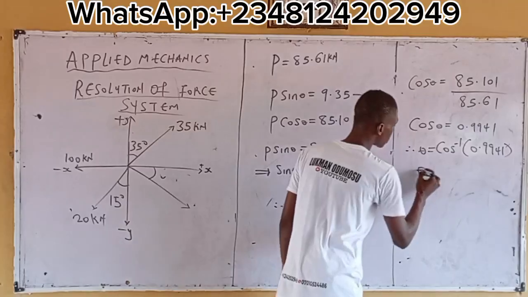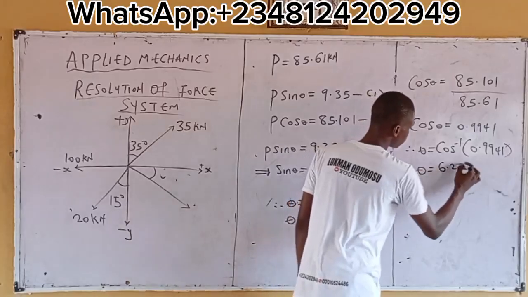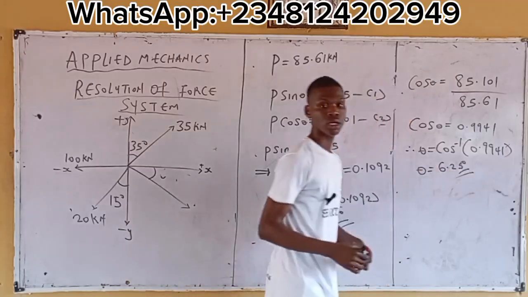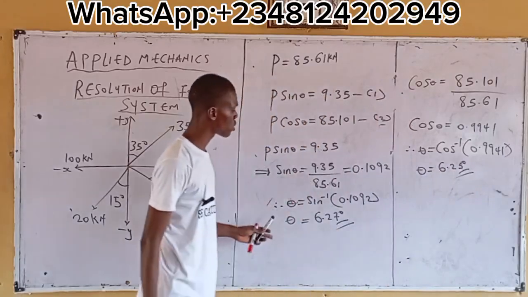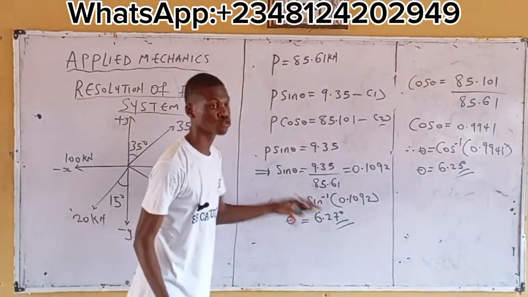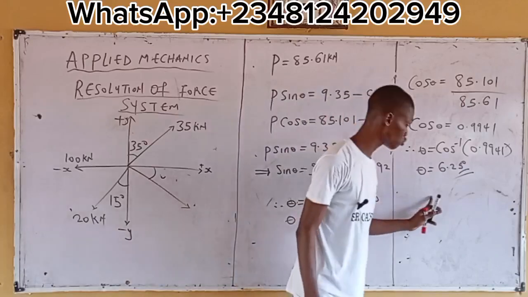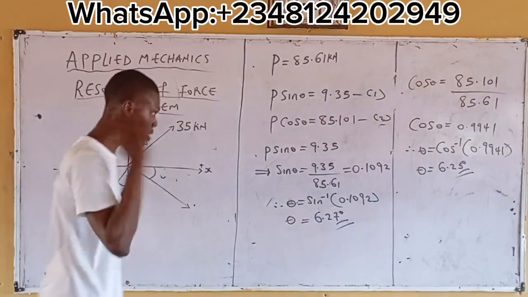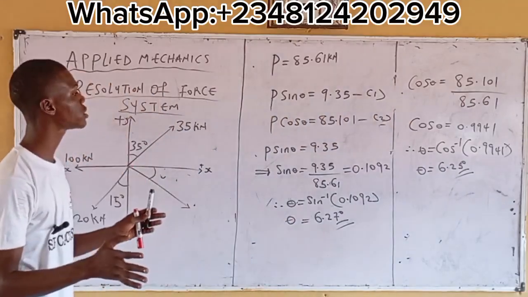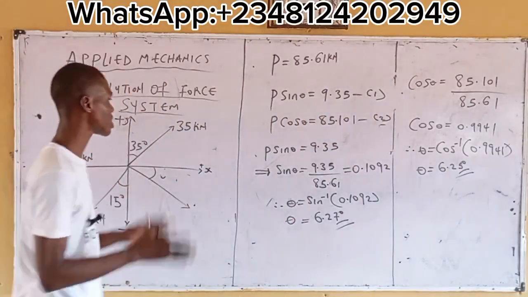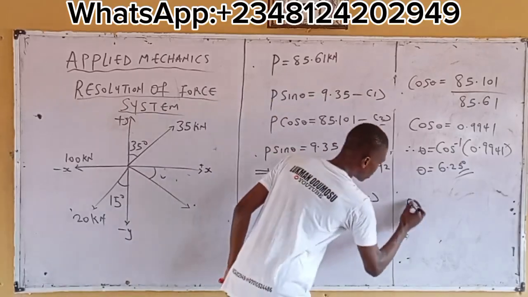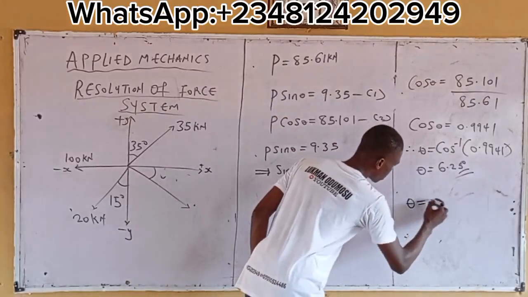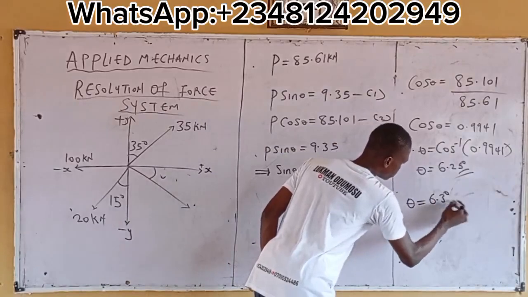From here, theta is equals to 6.25 degree. When we use equation 1, we got theta to be 6.27. When we use equation 2, we got theta to be 6.25. Approximately, theta is equals to 6, or you say 6.3. So let's approximate, saying theta is equals to 6.3 degree.